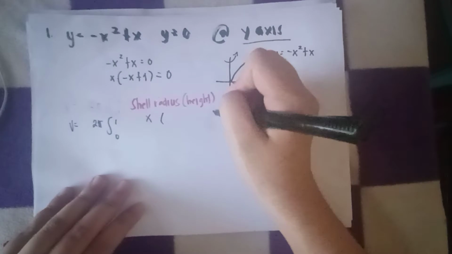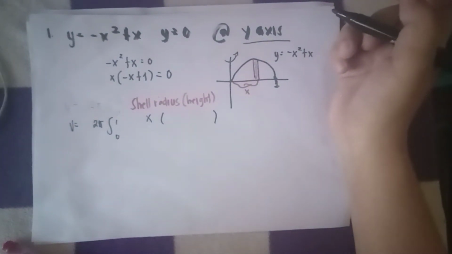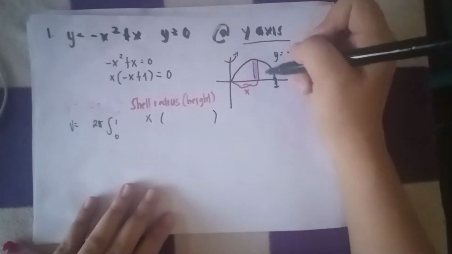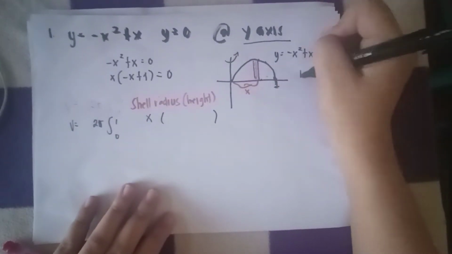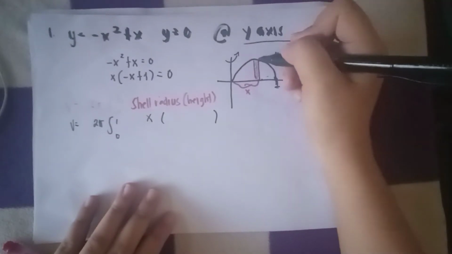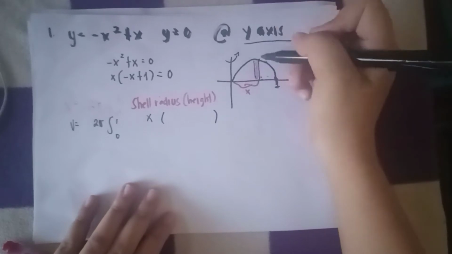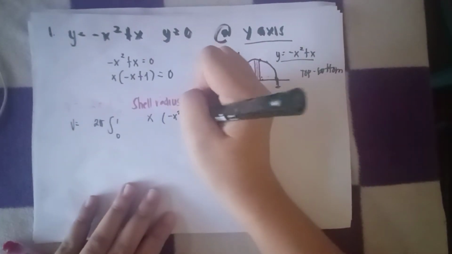And then, ang ating shell height po ay wala pong pinagkaiba sa ating area. So, ano lang yon, yung taas niya. So, which is from here hanggang dito, or top minus bottom. Yung ating shell height. So, from here hanggang dito. So, that will be, ito, yung graph natin is negative x squared plus x.